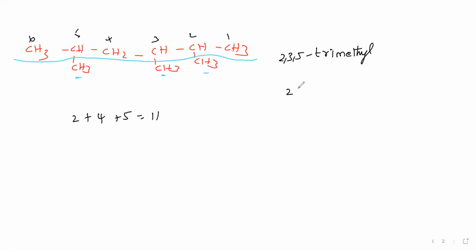Here, for 2, 3, 5, how much sum we are getting? 10 we are getting. The sum of the locants is low here, therefore this numbering is correct, this is wrong. Therefore, we have to give numbering starting from the right side, because the sum of the locants is low here. Then the parent chain contains 6 carbon atoms, therefore we can say hexane.